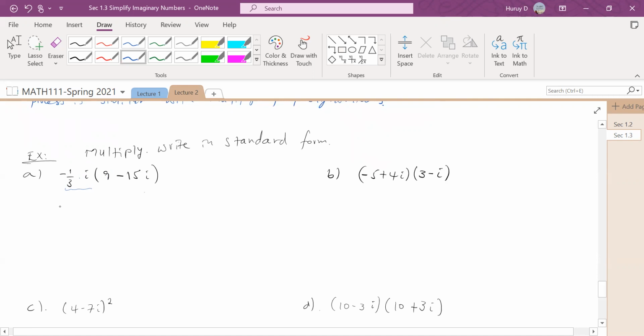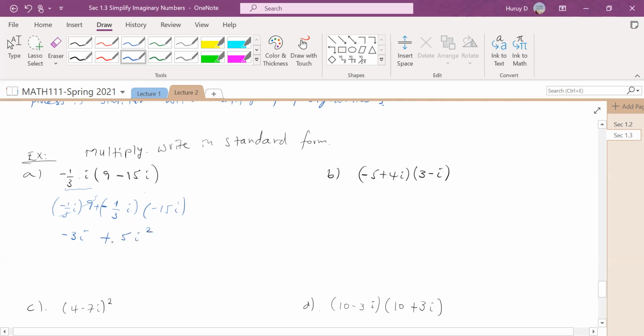So this one times this one is -1/3i times 9, minus 1/3i times -15i. And this one, they will cancel out. So by 3, we have 3. So this is -3i plus, here we have negative times negative, so it becomes positive. 15 divided by 3 is 5. i times i is i squared.